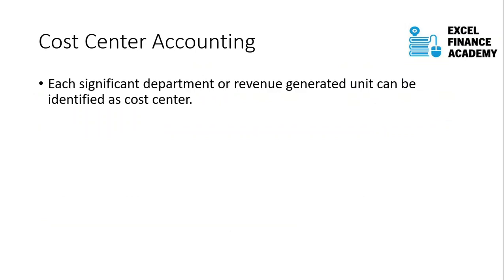Not yet the last. Cost center. So cost center accounting means you need to identify your significant departments or significant contributors of revenue and match the revenue and expenses to each profit center.